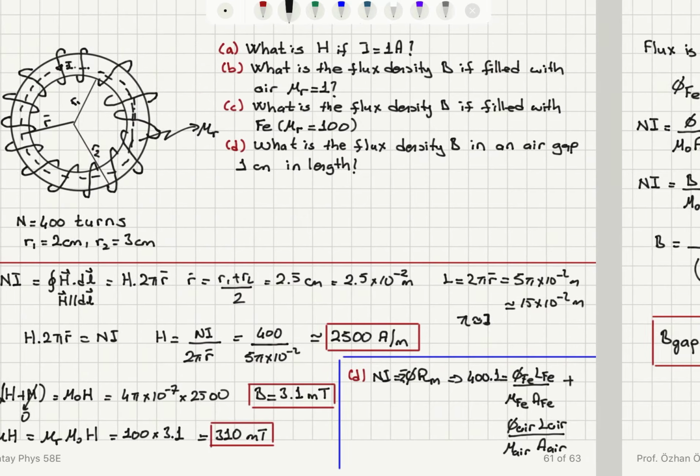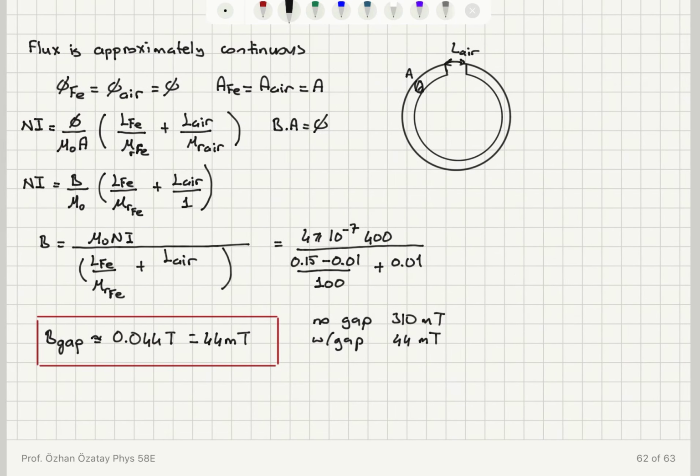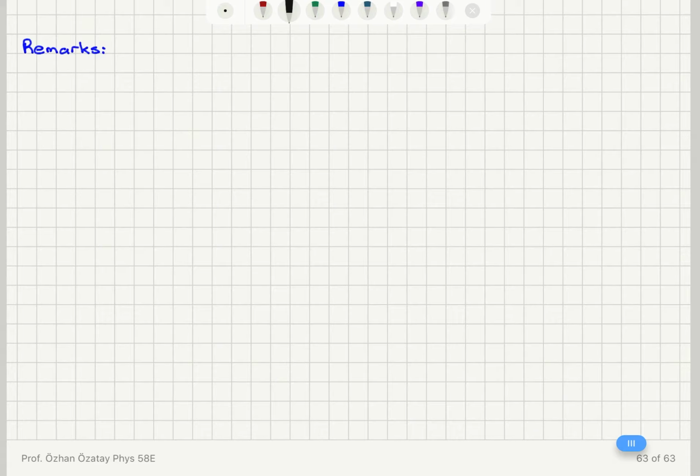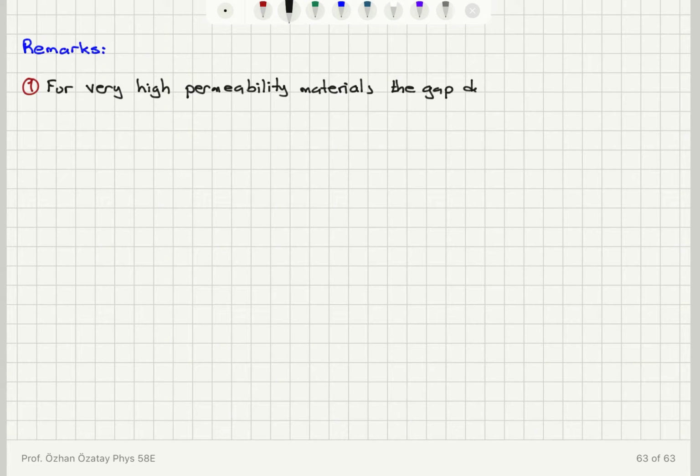Okay, now I have a few remarks about this calculation. The first one is, for very high permeability materials, we find that the gap dominates the response.